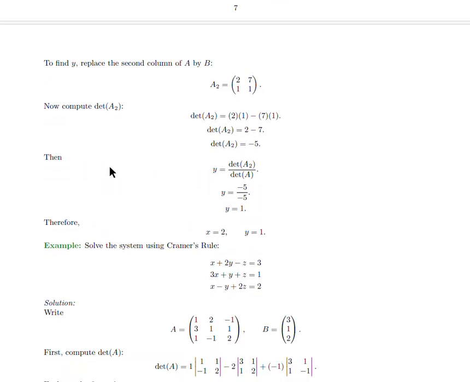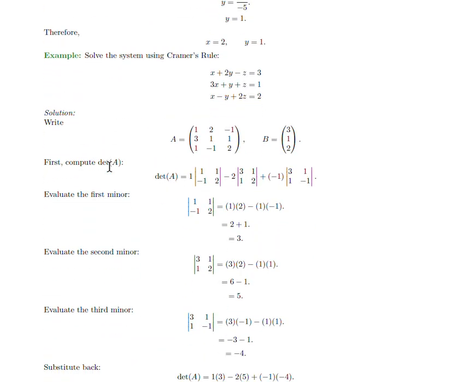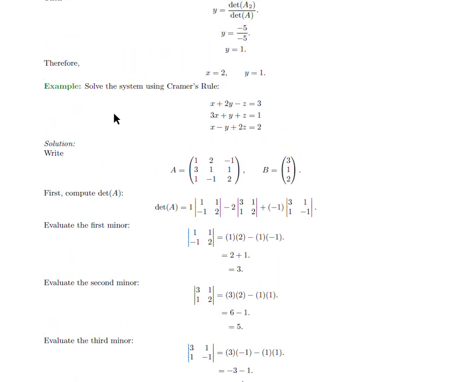2 by 2 is quite easy. If you can do 3 by 3, you'll be able to do 2 by 2. So solve the system using Cramer's rule. We have x plus 2y minus z equals 3. 3x plus y plus z equals 1. x minus y plus 2z equals 2. Transforming to Ax equals B, our matrix A carries the coefficients of our variables, right?